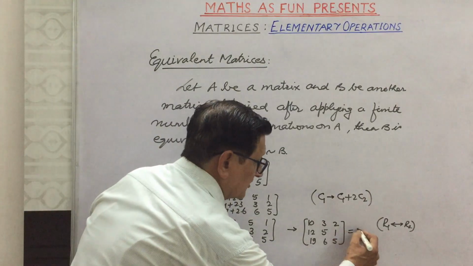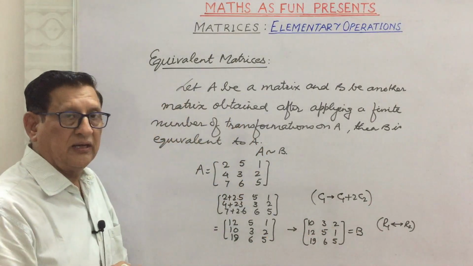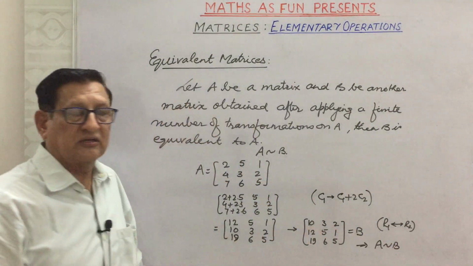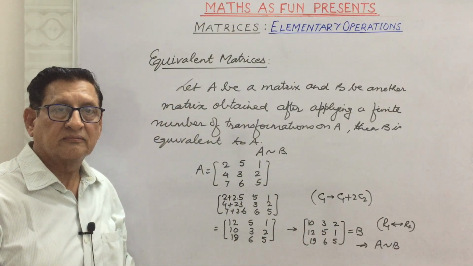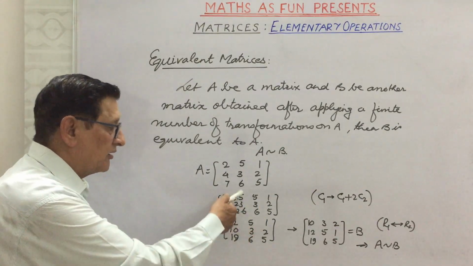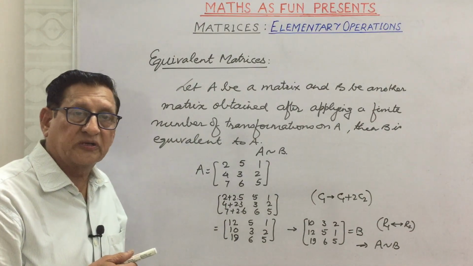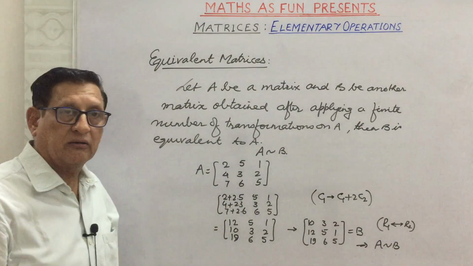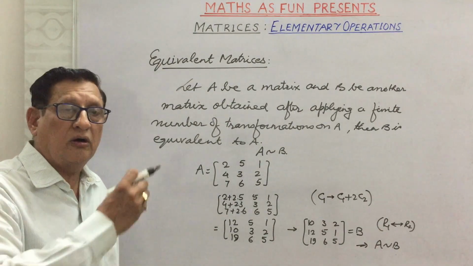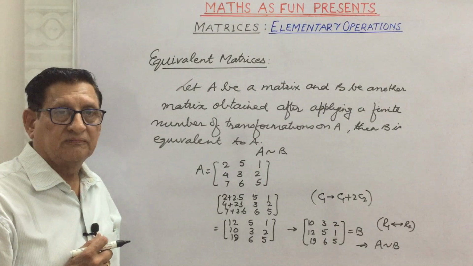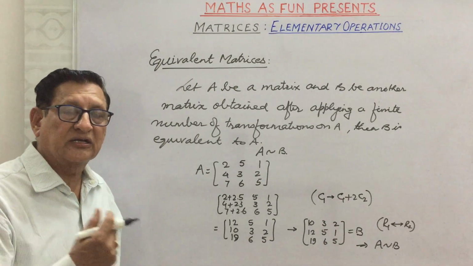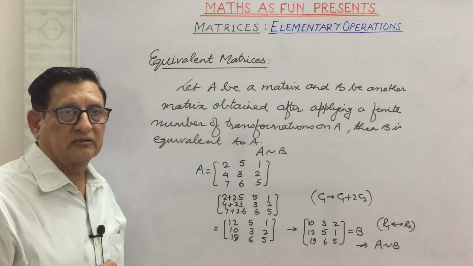And suppose this is the matrix B, then we say that A and B are equivalent matrices. Of course, the matrix which we are getting after the first operation is also equivalent to A. So like this, after performing any number of operations in any one of the matrix, the matrix we are getting is equivalent to the given matrix.